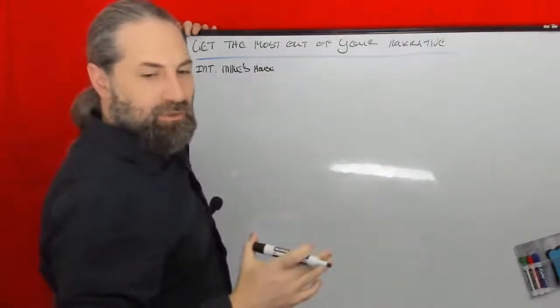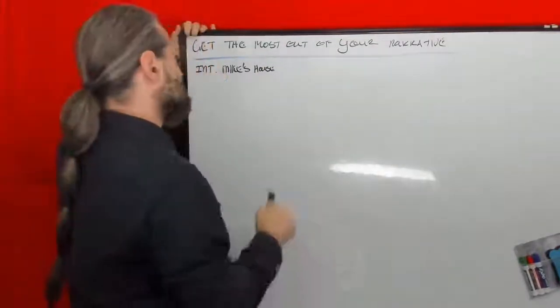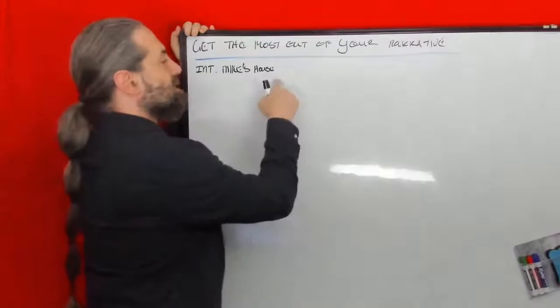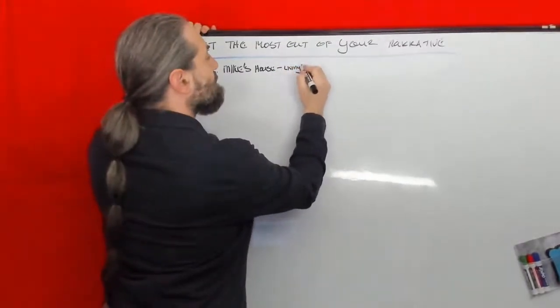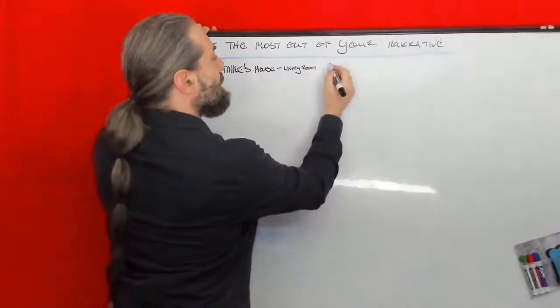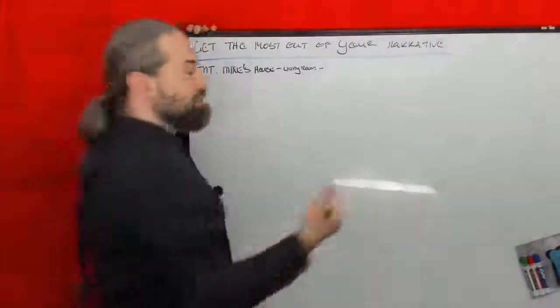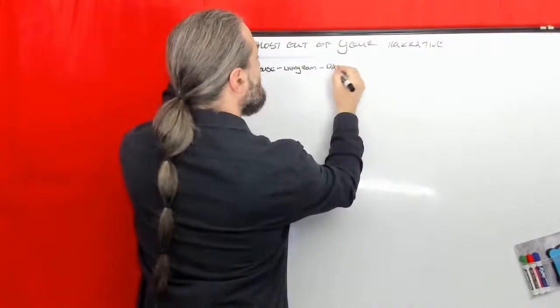We're not really dealing with format today, but just so you could see it in real time. Interior, Mike's house. Maybe it's Mike's house living room. And then, of course, what is the time? Let's just say it's today.